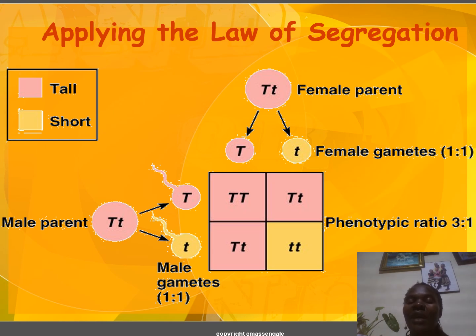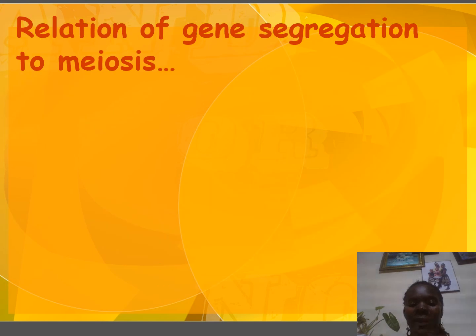So the three will appear tall, and then the one which shows the yellow box is for the homozygous recessive, and at that point those individuals will appear short. So that is how the law of segregation applies.